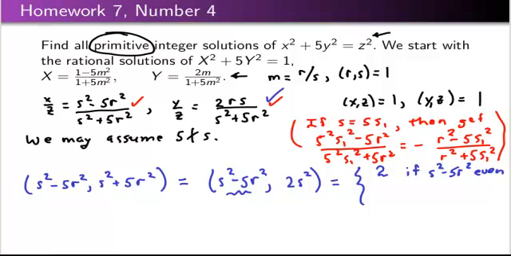I'm skipping some work you need to do right here. And in the other case, this is an odd number, and if this is odd, this 2 here will go away, and then you can subtract the s squared, and that'll give you 5r squared s squared. 5 is not a divisor of s by assumption, and so that'll come out to be 1.